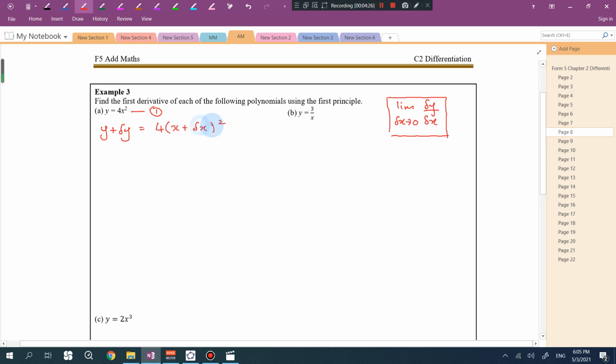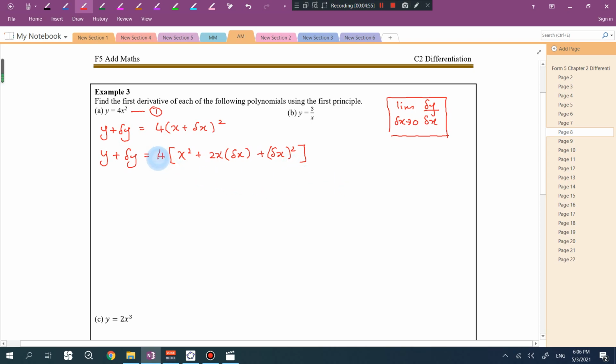Okay, so I'm going to expand this one. Y plus delta y. Okay, delta y you have to be careful because it looks very similar to 8. This is 4. Okay, here just use a formula to help to expand it. x squared plus 2x delta x plus delta x squared.